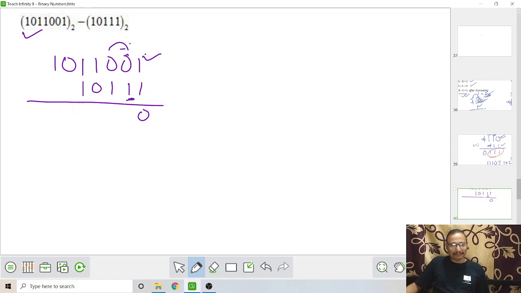So take a carry from this. Feel that here you are having 2. So 2 minus 1 is 1, and here there was nothing earlier. So actually you have taken 1 from here. Only after that, this 0 took 1 from this left digit.